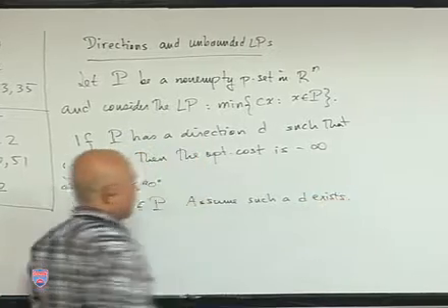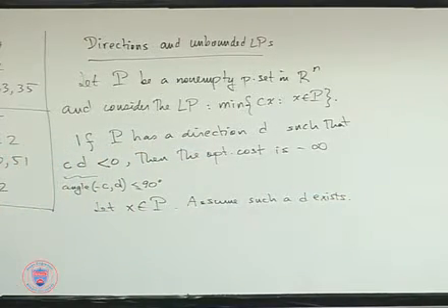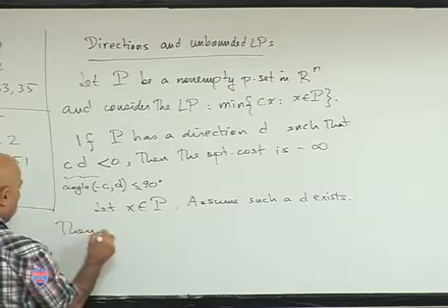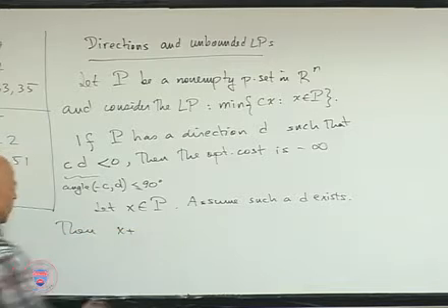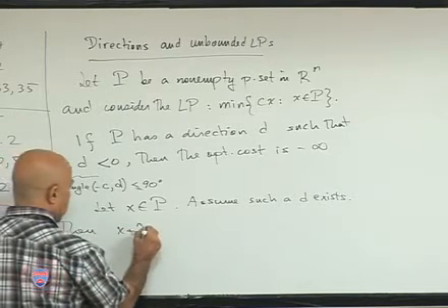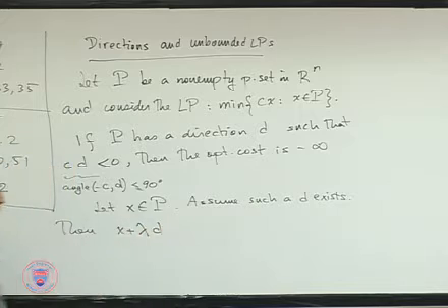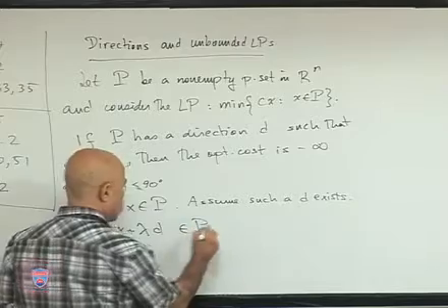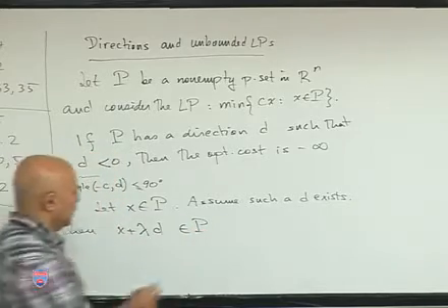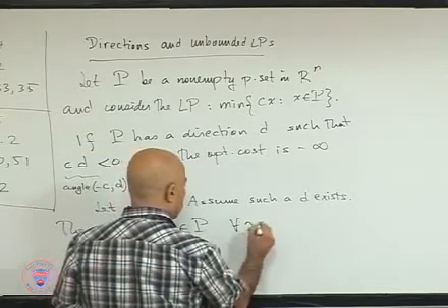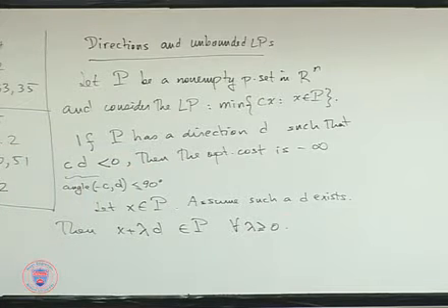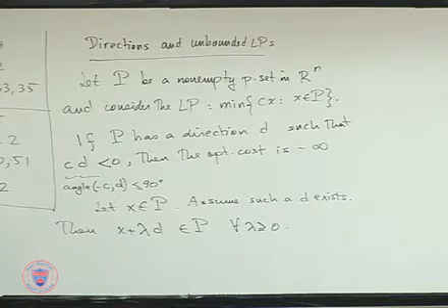Of course, D by assumption is non-zero. Then a feasible point plus any non-negative multiple of D added to x is also feasible. So x plus lambda D is inside your feasible region for every choice of lambda that's non-negative.